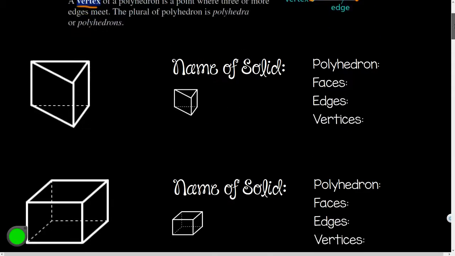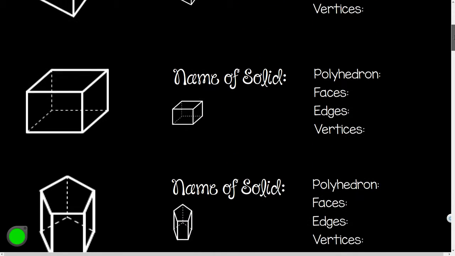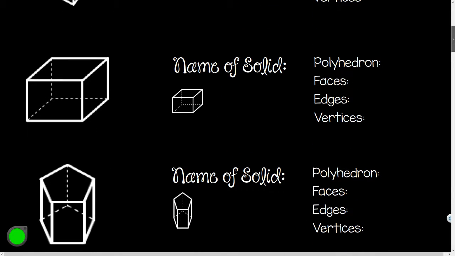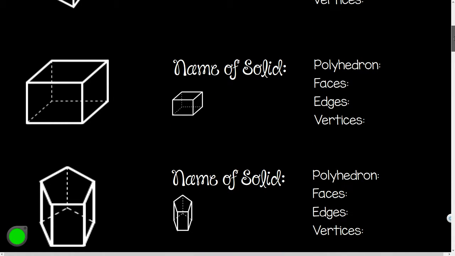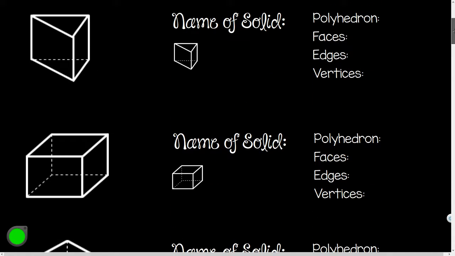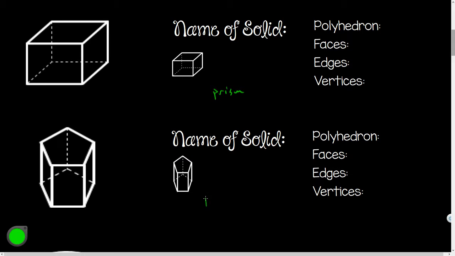The first three objects that you see here are all in the same family. There's a particular theme that is related to these objects. They are going to be types of prisms. So this is going to be a prism, this is going to be a prism, and this one is going to be a prism as well.